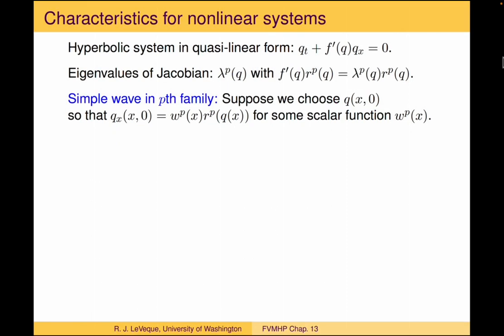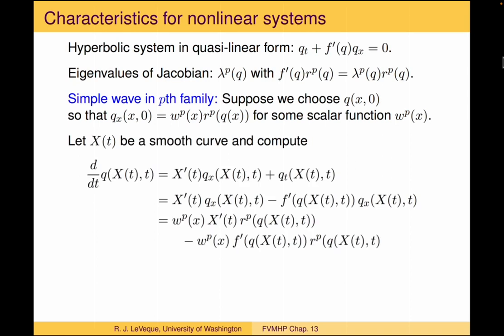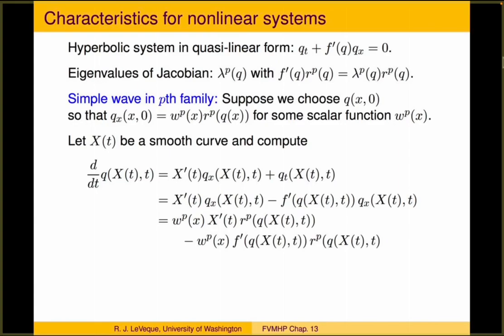then we can work out how the solution behaves along a characteristic curve that's, again, just as in the scalar case, some smooth curve X(t), along which we'll see that the solution in this case can actually be constant. So we can compute that along curve x(t), again, if we differentiate with respect to time q(x(t), t), then t appears in two places here, so we get x'(t) times q_x plus q_t.